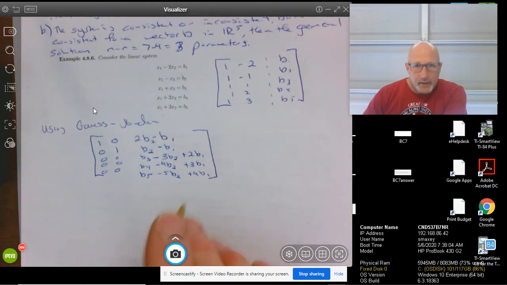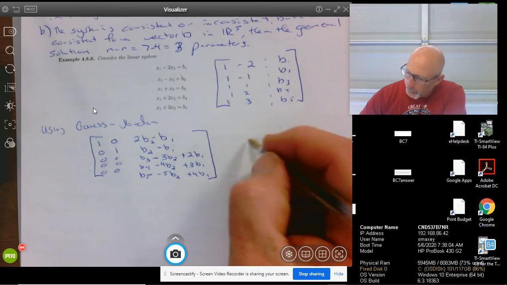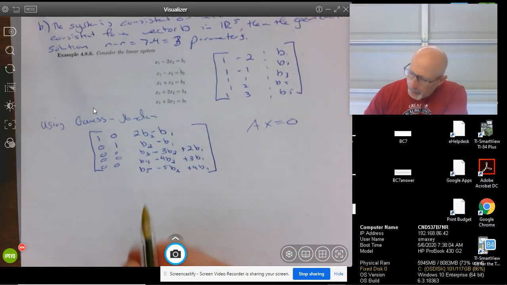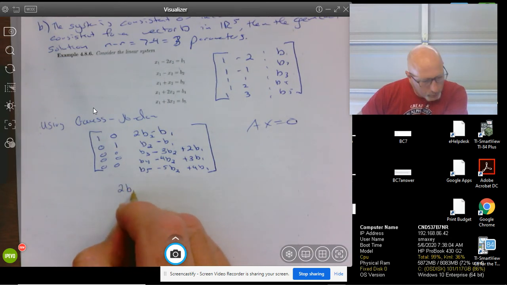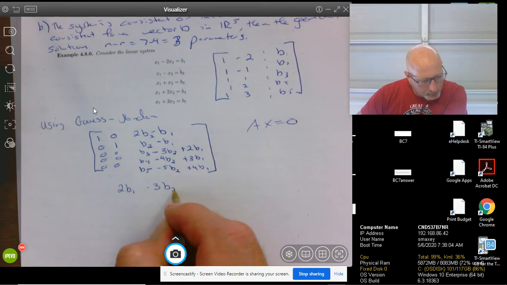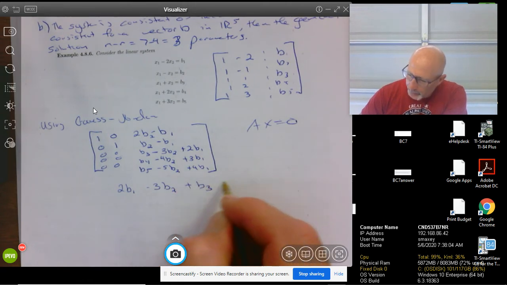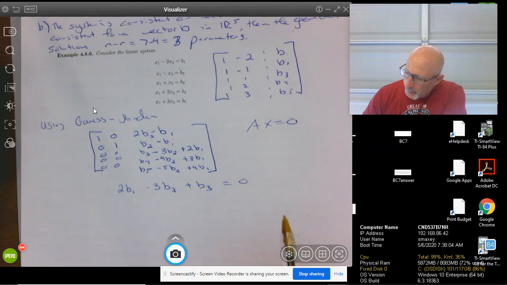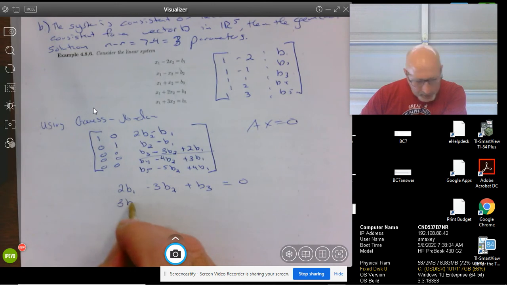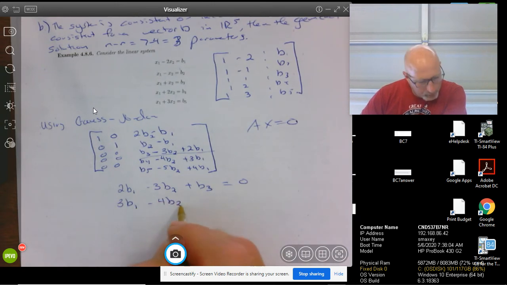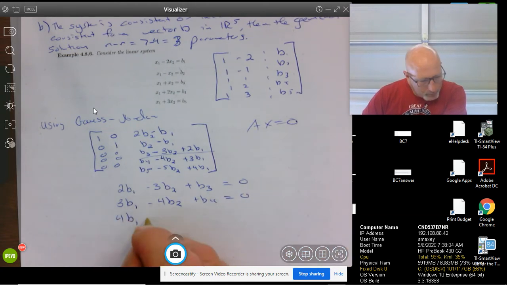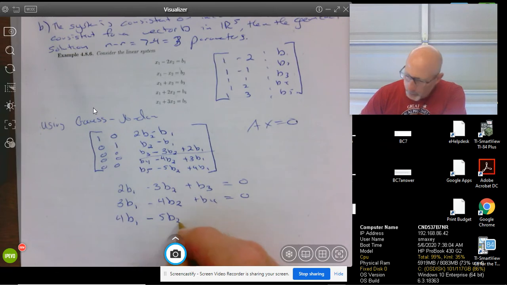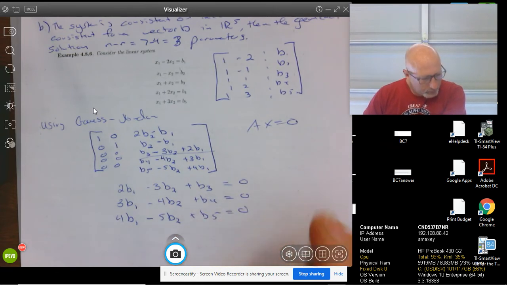Okay, now if I was to take this and write this in the system Ax equal to 0, what I get then is I would come up with the equations. And the equations would simply be 2b1 minus 3b2 plus b3 is equal to 0, just based off of that one. I also have 3b1 minus 4b2 plus b4 is equal to 0. And then 4b1 minus 5b2 plus b5 is going to be equal to 0.